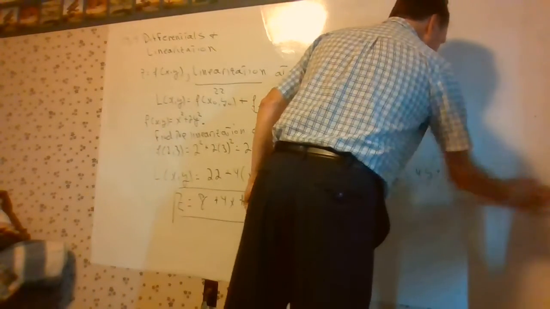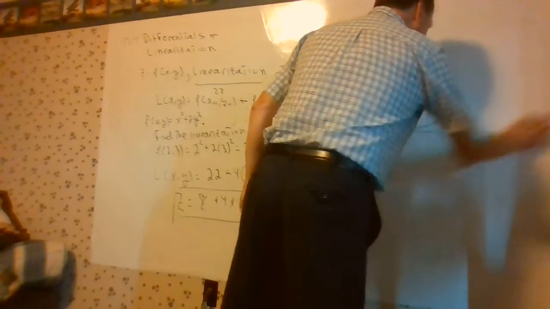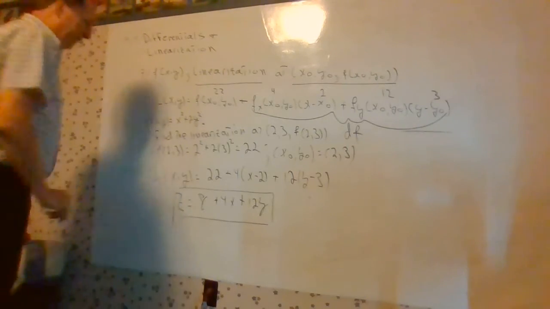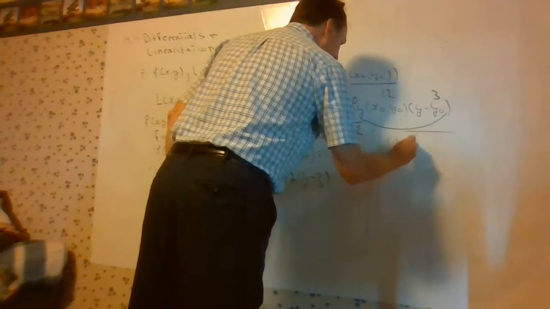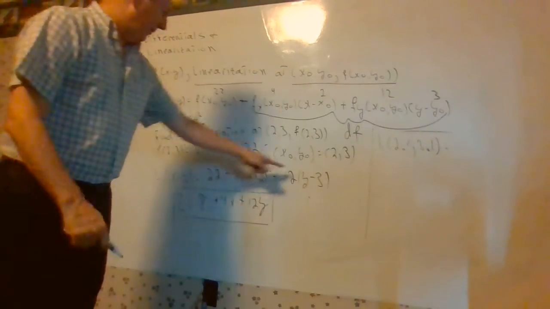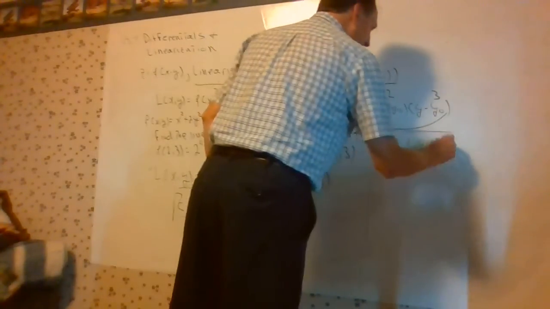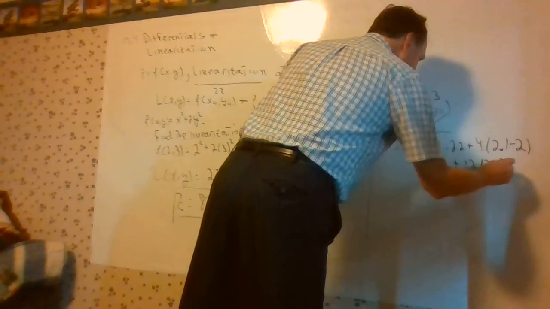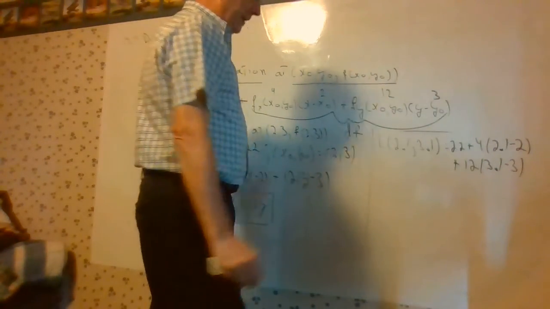Now, we're not finished with this example. Let's go back to this form of the linearization. And let's suppose we want to find L of 2.1, 3.1. It makes it easier in this form. You end up with 22 plus 4 times 2.1 minus 2, plus 12 times 3.1 minus 3.